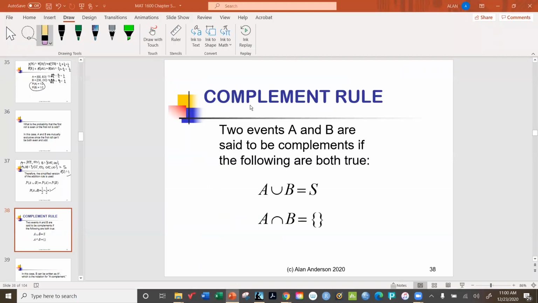Let's ask this question. In economics, what does it mean when two goods are complements? It's a complementary good.